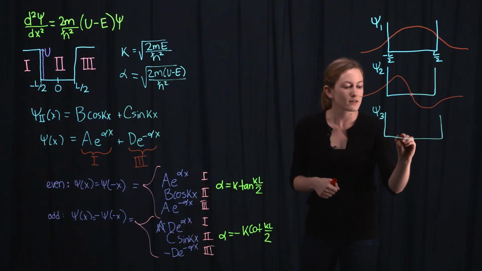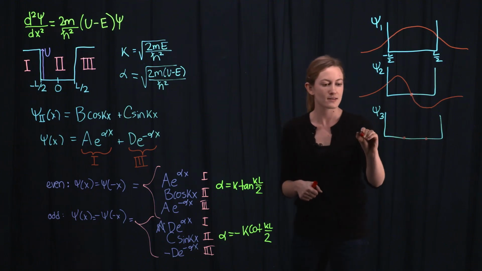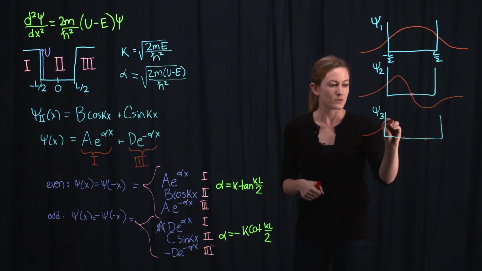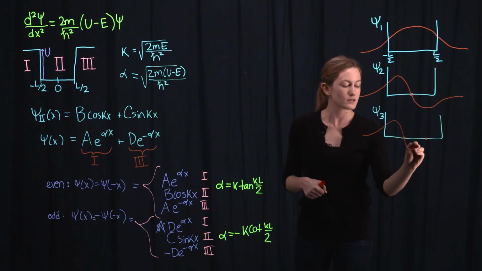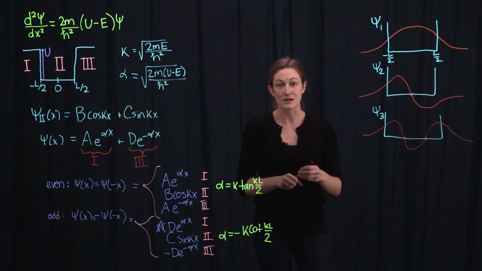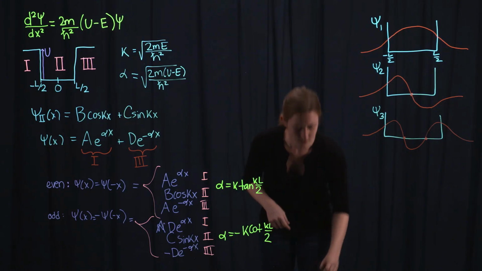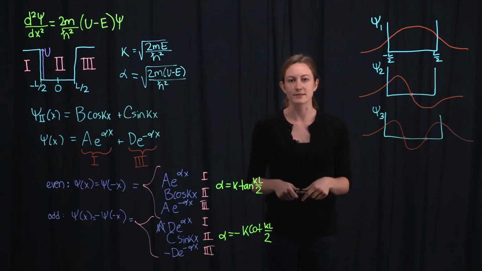And then similarly, when there are two nodes, we'll again be back at the even case. We'll have a cosine-like function with two nodes, which will look something like this, and so on for higher energy levels. So this answers the first part of the question.